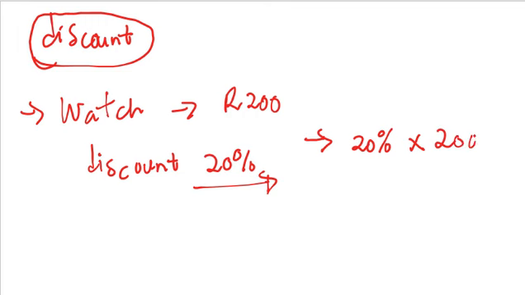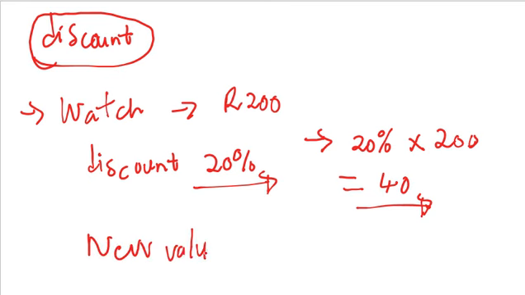You can just simply punch that on your calculator. Then what you're gonna get is 40, right? This is the amount of 20% of 200, which means they made a discount for you of 40 rand. So to get the new value, the cheaper price they made for you, the new value is gonna be 200 minus, not plus, it's not an increase, it's a discount, minus 40.